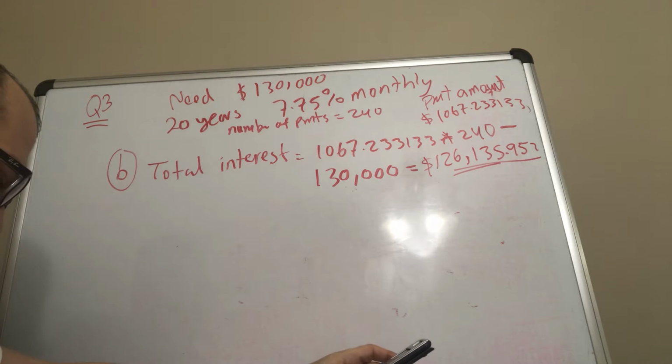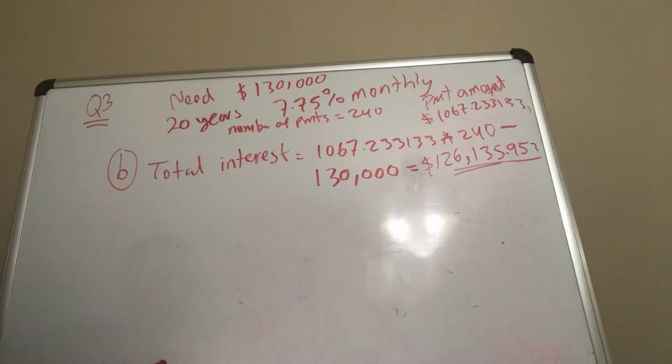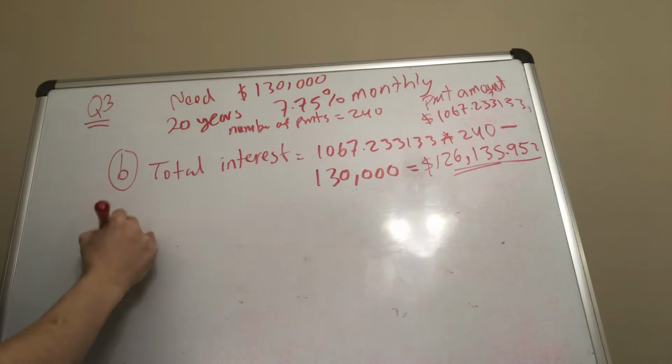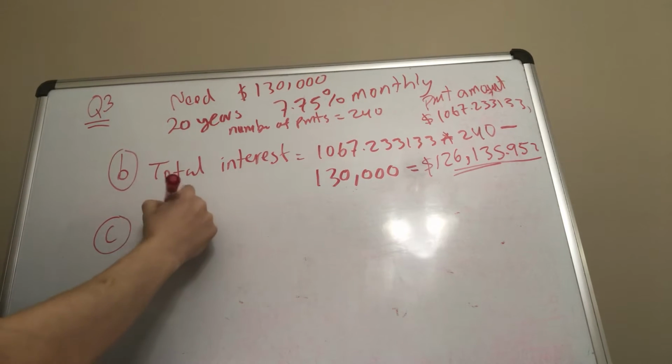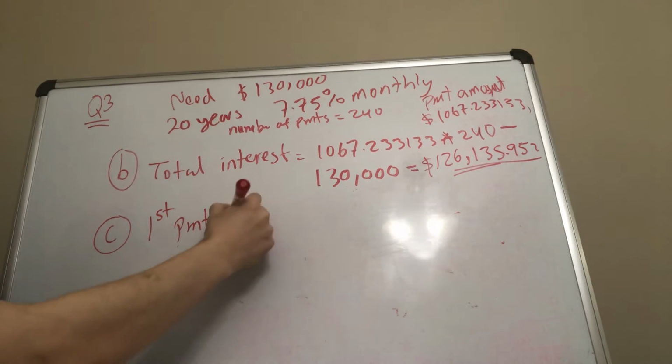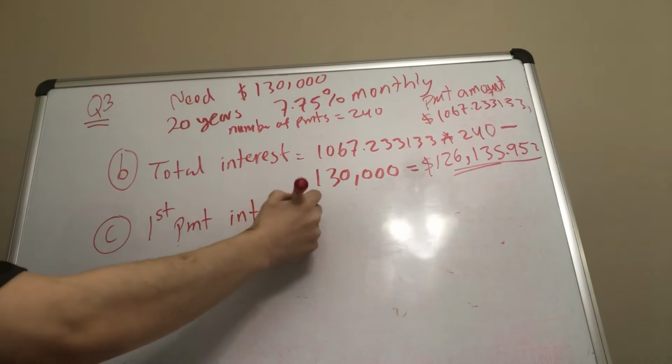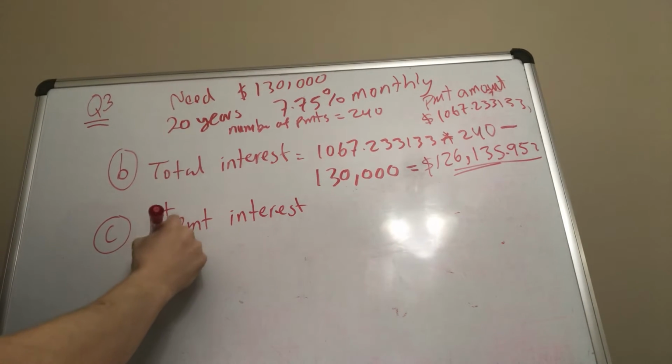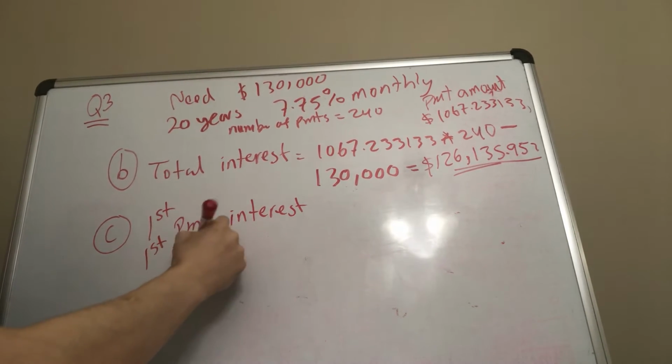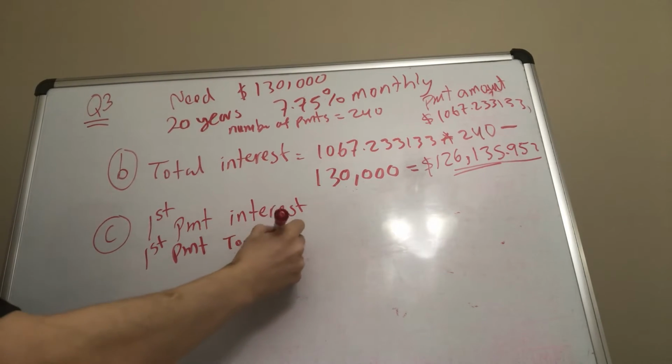And for the C question: how much of the first payment goes towards interest and how much towards principal? First payment interest, and first payment towards principal.